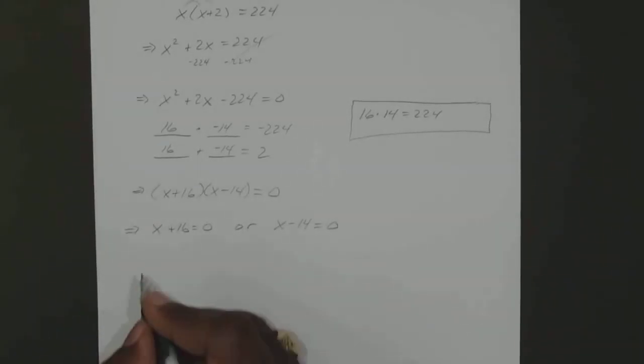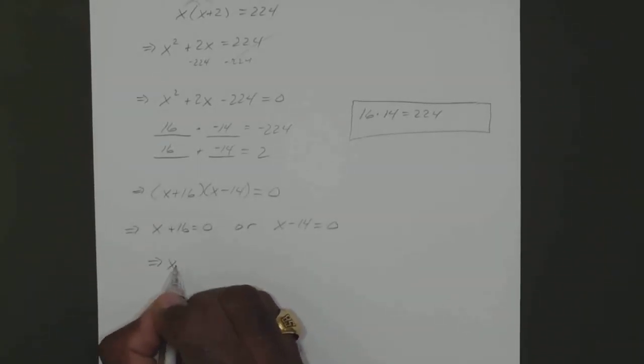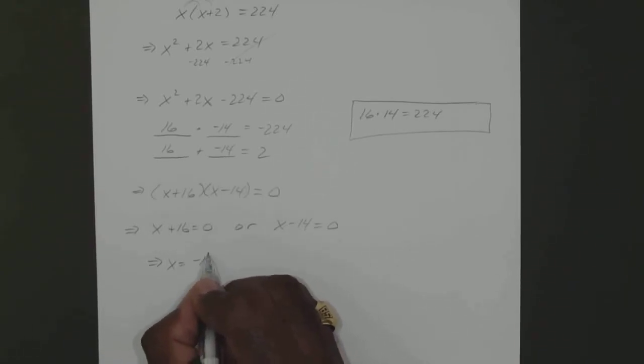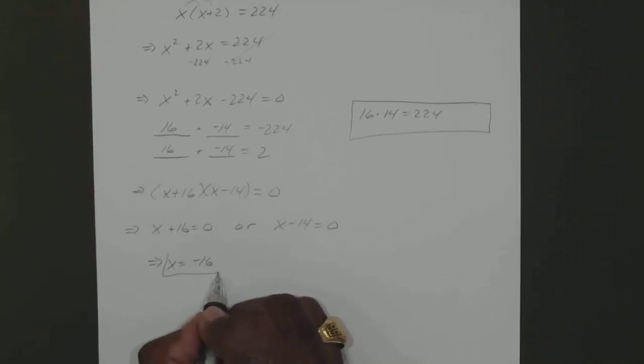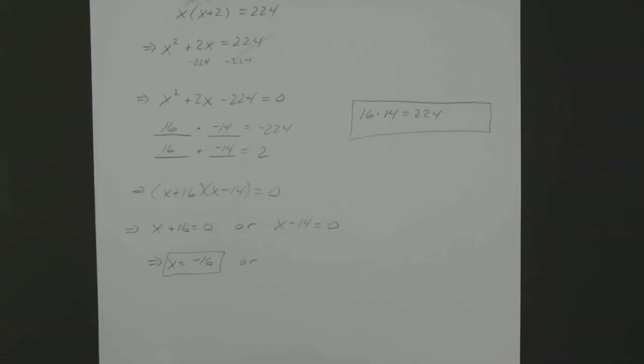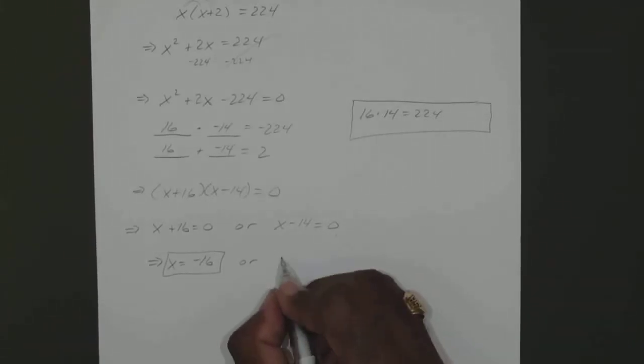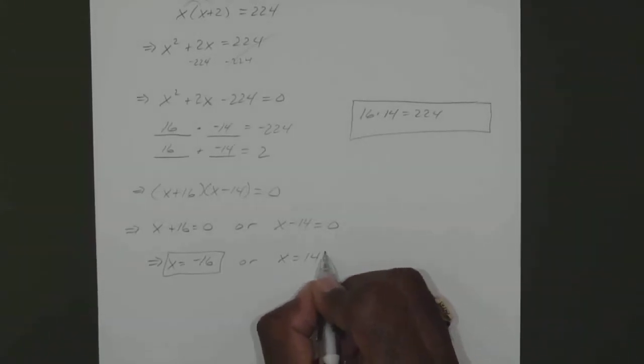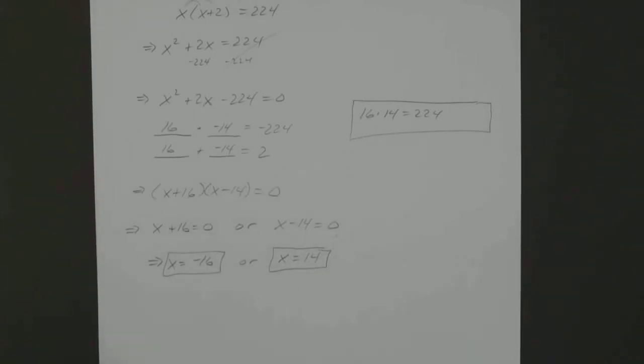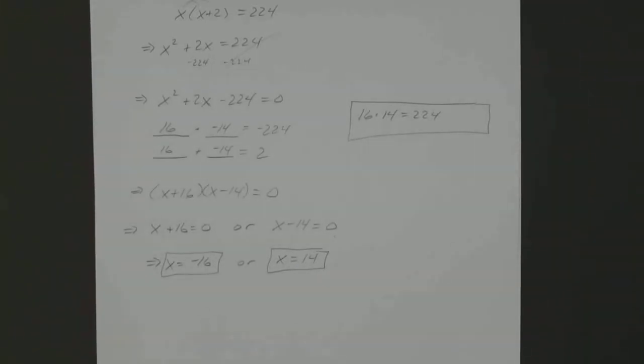If we subtract 16 from both sides, x equals negative 16. Or add 14 to both sides, x equals 14. Okay. So we have our x values. The only thing missing is now we need our x plus 2 values.